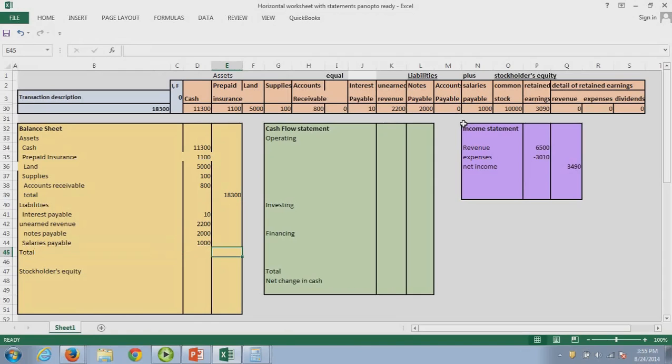Okay, so we'll do our auto sum. Grab the ones we want, and then stockholders' equity should be common stock, which is right there as a total, and retained earnings. So this is why we wanted the totals, not just the revenue expense details.